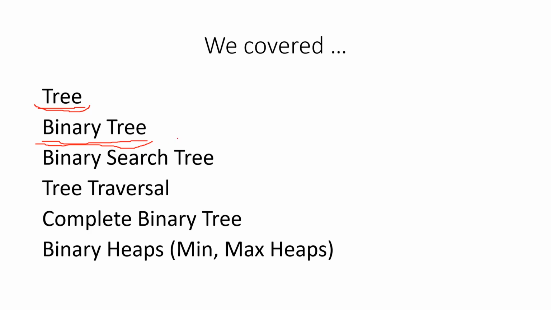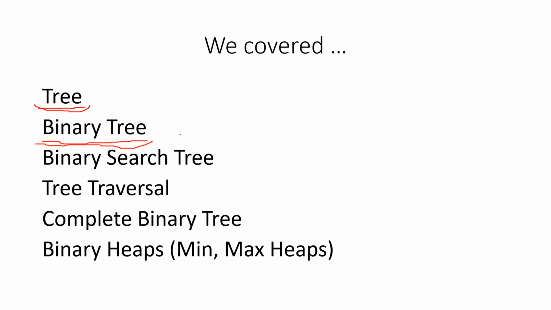Meanwhile, in the pre-order, you start with the current node, then go to the left, and then go to the right. Post order, you start with the left side, then go to the right, then you visit the current node. So in these three traversals, every time you go from the left to the right, but the only difference is when you visit the current node.